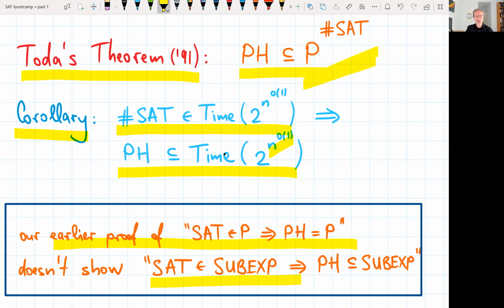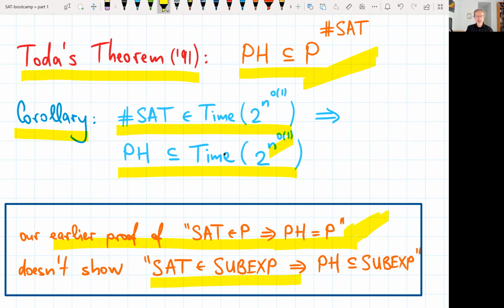Even for sigma 2, we cannot improve and get a sub-exponential time algorithm for a sigma 2 problem, because if you remember, you have this composition of the runtimes of your SAT algorithm. And if the runtime of the SAT algorithm was polynomial, then polynomial composed with a polynomial is still polynomial, so it's still good. That's how you get this result here.